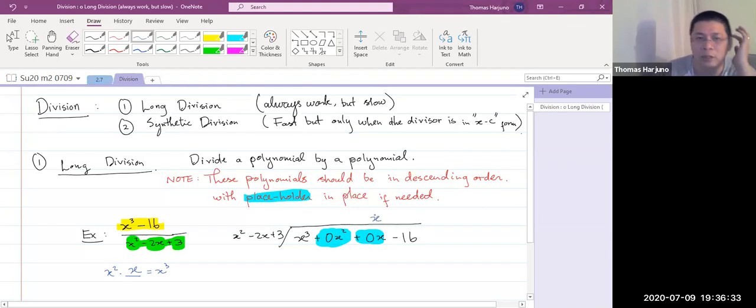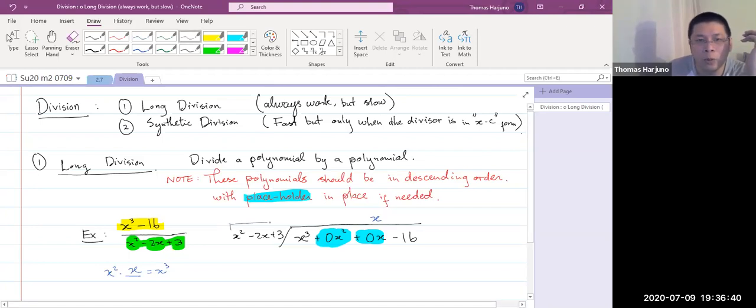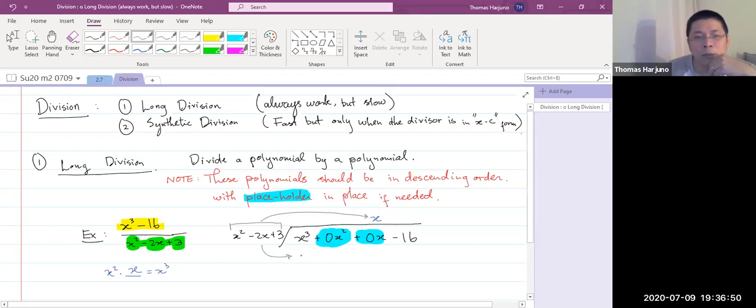Now distribute that x with the whole polynomial. That will be x cubed minus 2x squared plus 3x.